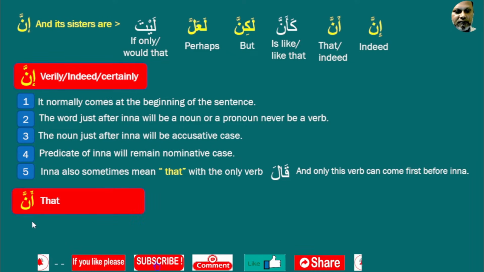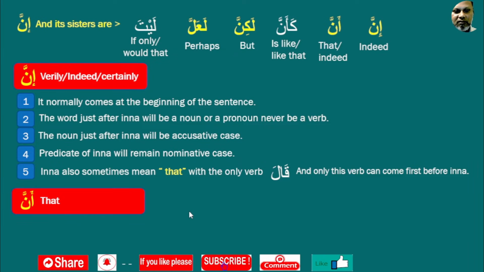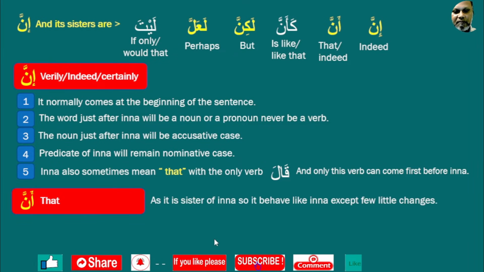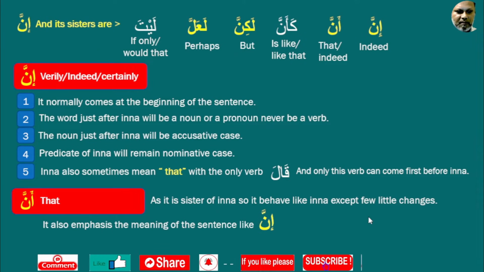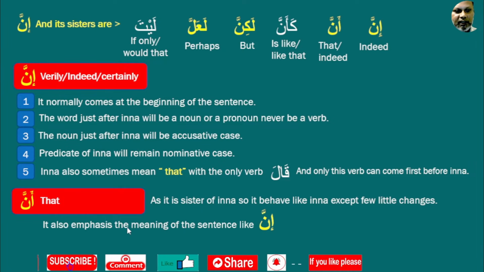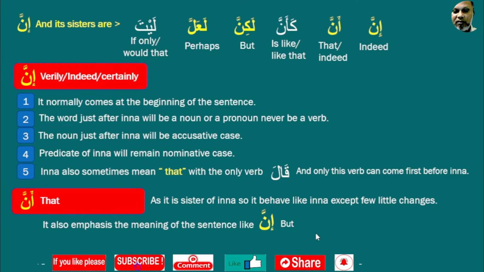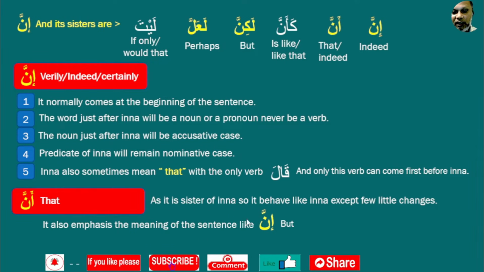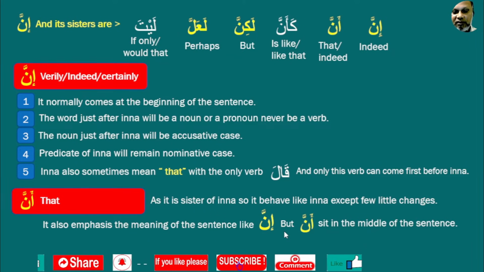Anna also performs the same roles like inna, but there are little changes. Anna, like inna, emphasizes the meaning of the sentence, but anna only sits in the middle of the sentence, not at the beginning.